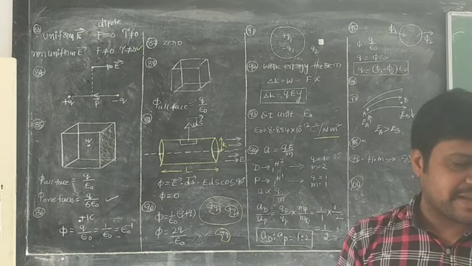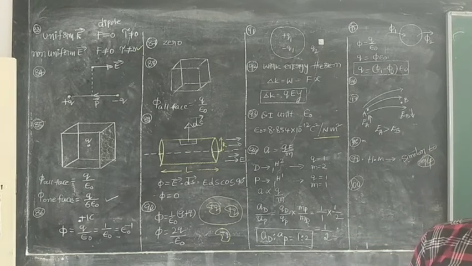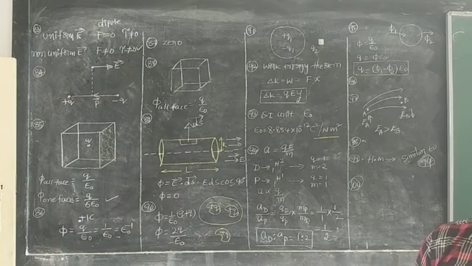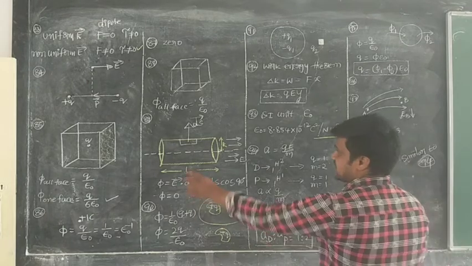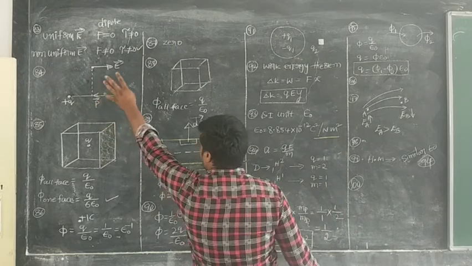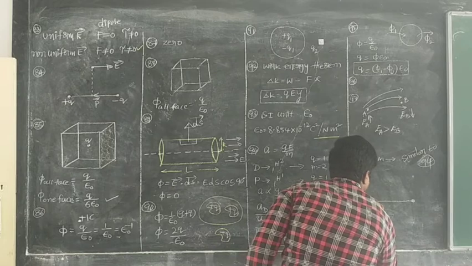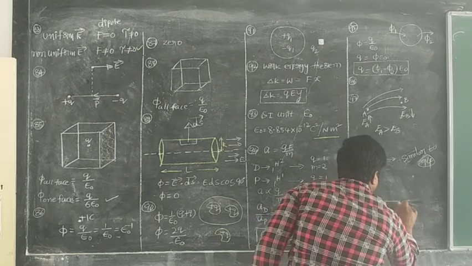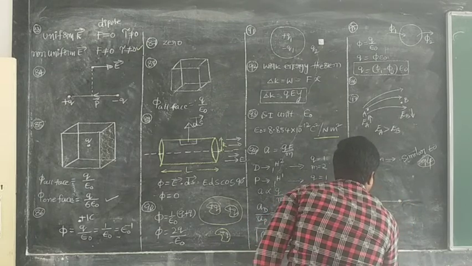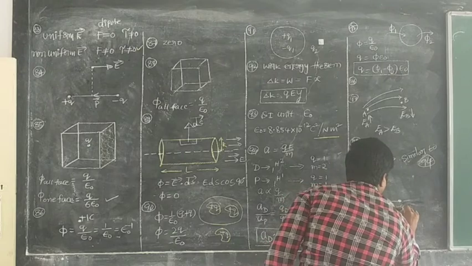The angle between the electric dipole moment and the electric field when the electric dipole is in stable equilibrium. So this is similar to this problem only. See, now this is nothing but an electric dipole. Here the positive charge is there, here the negative charge is there.